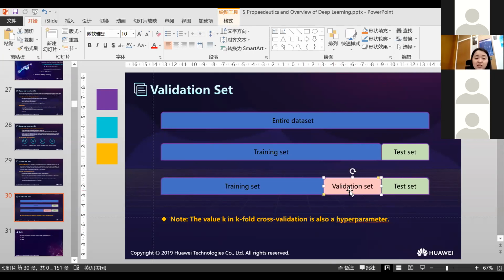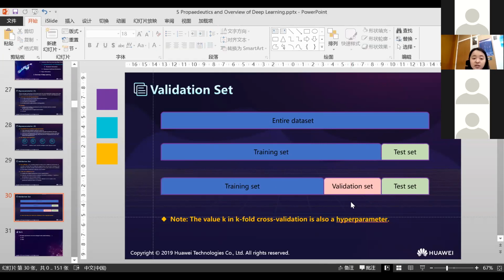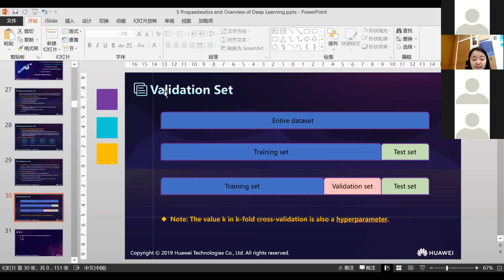So the validation set works as a monitor during training: we use the training set to train the model, and the validation set to monitor the performance of the model and find proper values of hyperparameters. So that is a validation set.